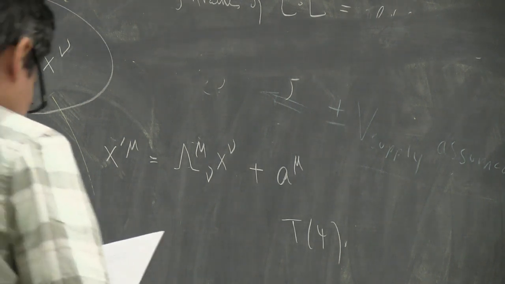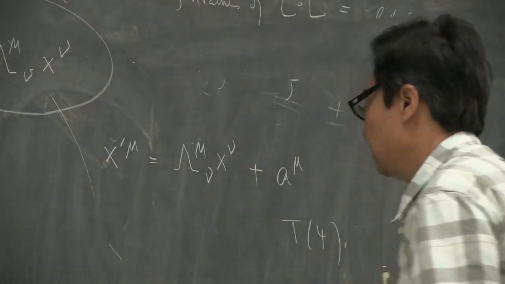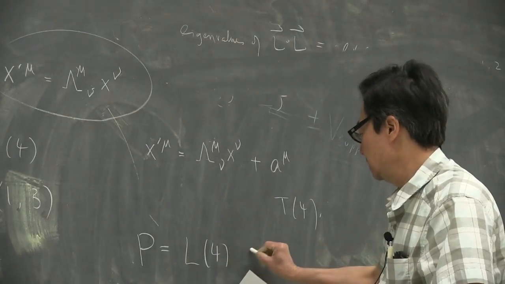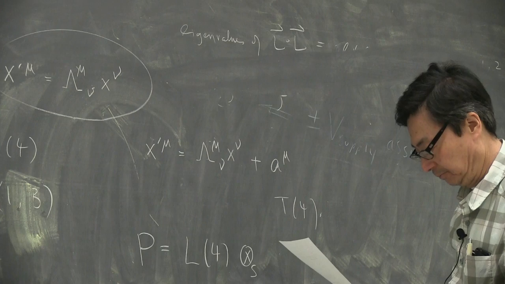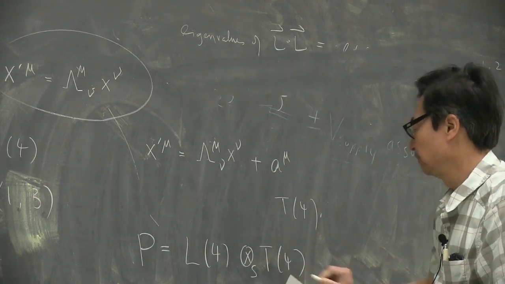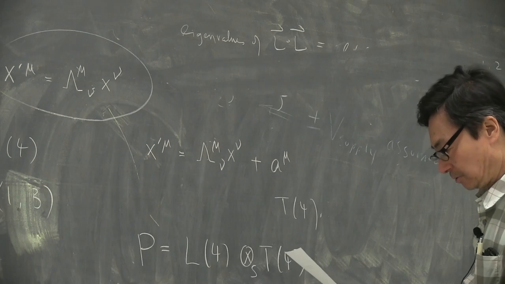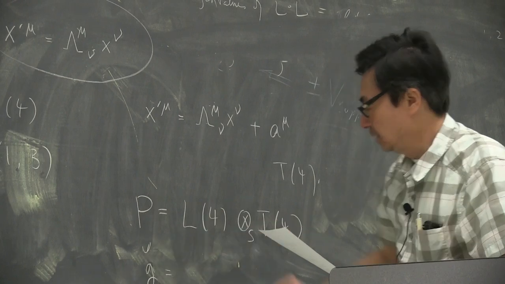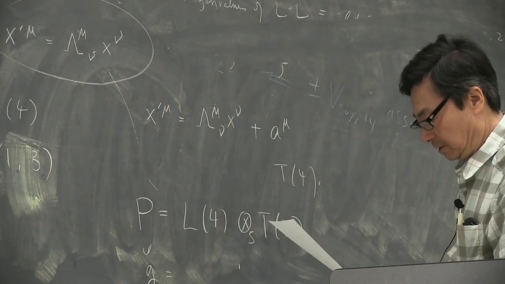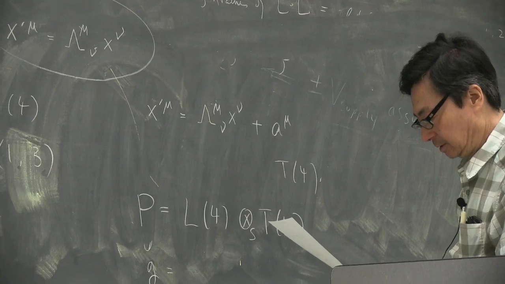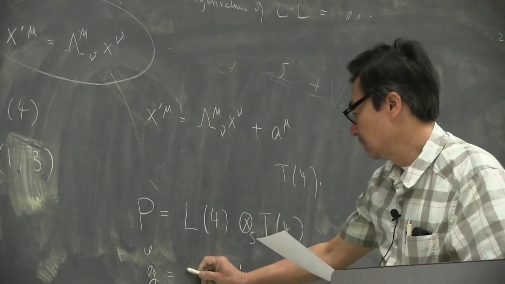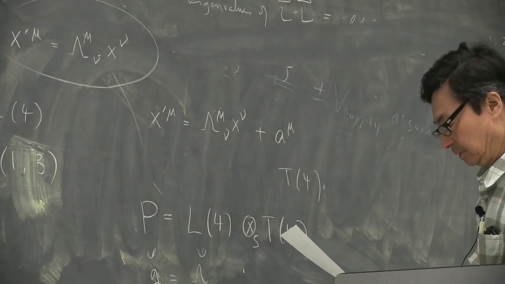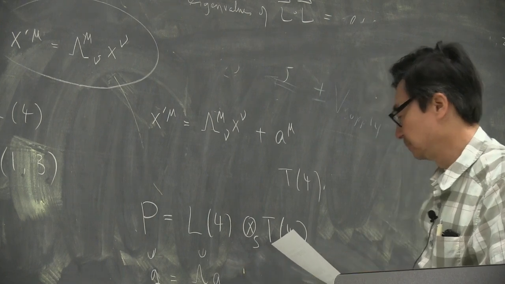Now, we can write it like this. The Poincare group is what is called the semi-direct product, S for semi in here, of L4 times T4. So that anything in the Poincare group, G, can always be written as a product of some lambda in the Lorentz group times some translation.